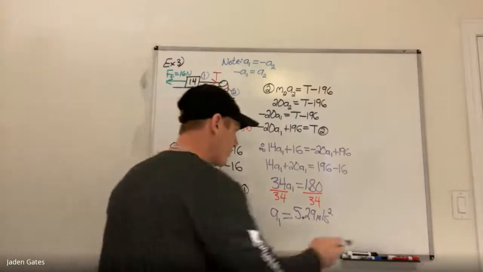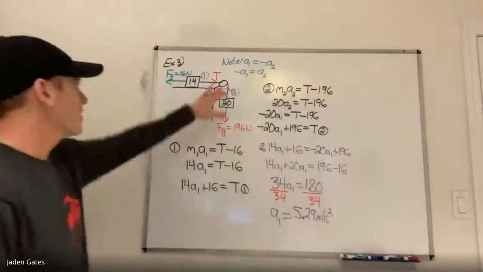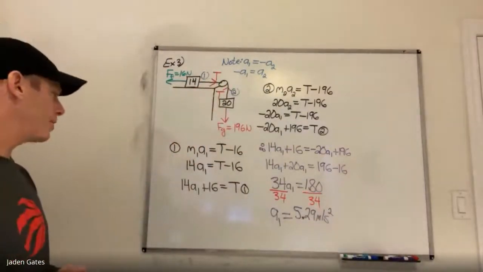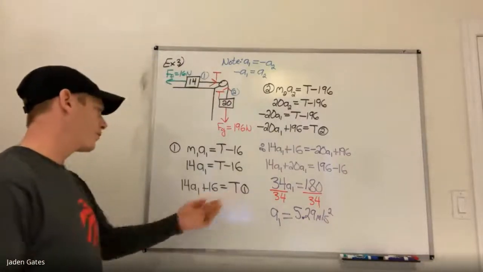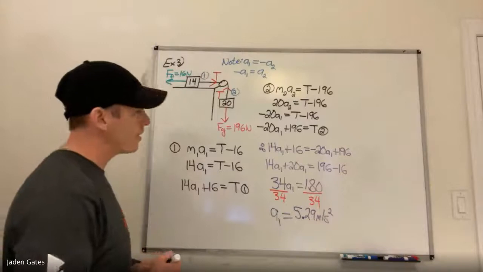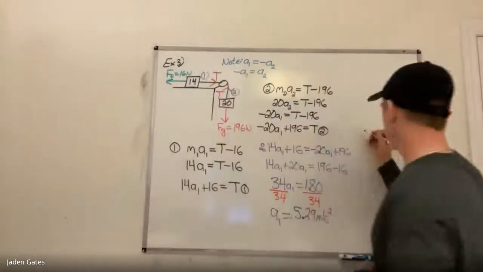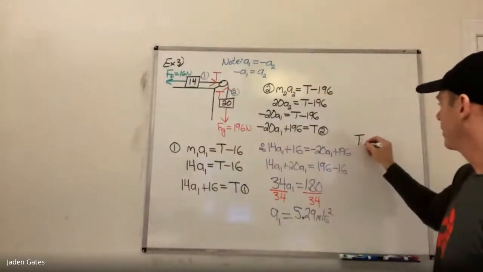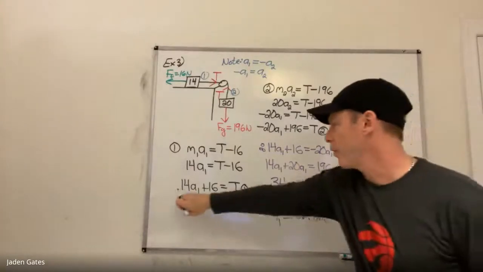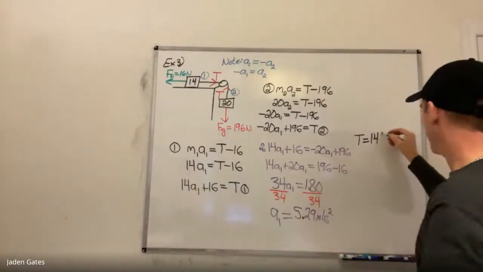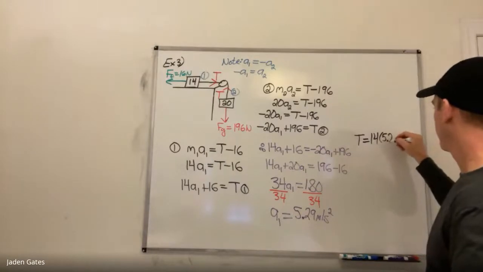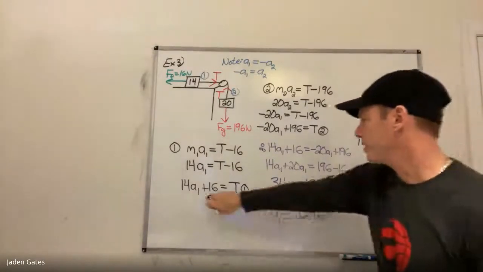Now, the final step is let's find how much force the rope is supplying here. So again, I just have to pick one of my formulas. I'm again going to go with the first one because there's no negative signs. And in fact, the numbers are smaller. And so I've got T is equal to 14 times A1, 14 times 5.29 plus 16.